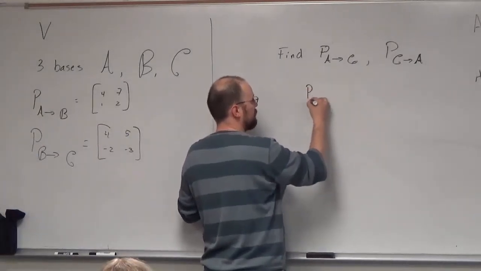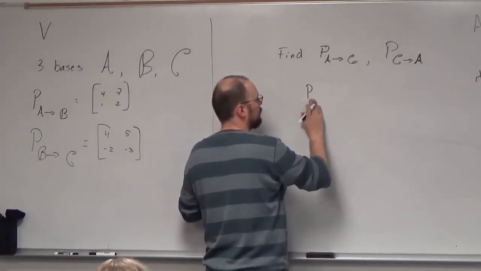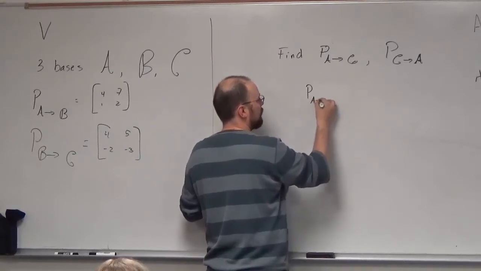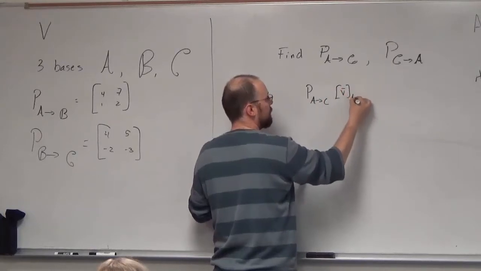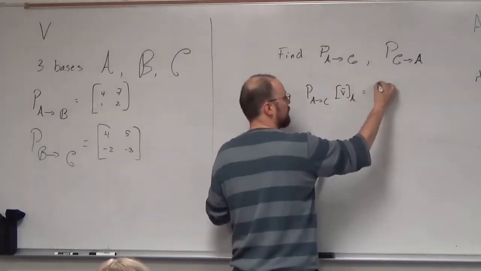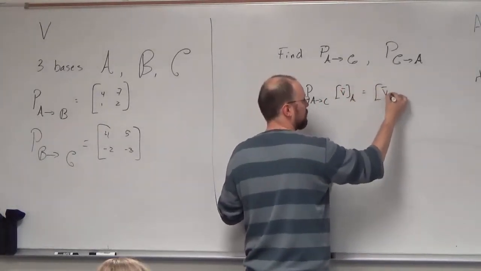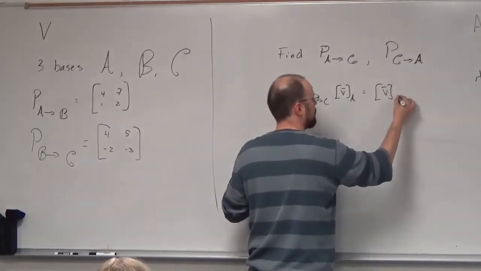This transition matrix takes a coordinate vector with respect to basis A and returns the coordinate vector with respect to basis C. Right, that's its job.